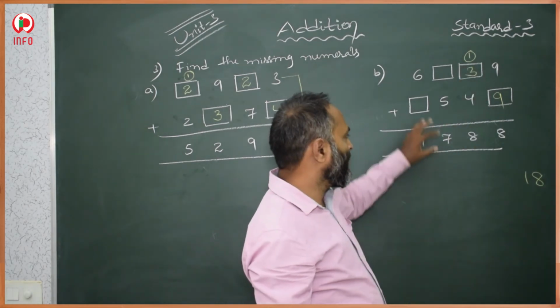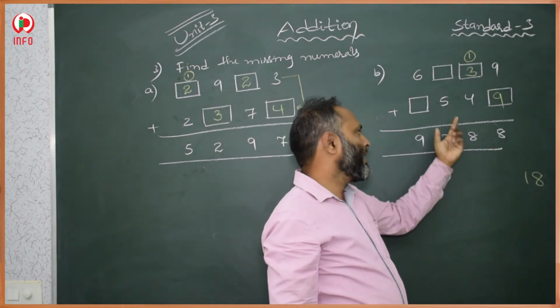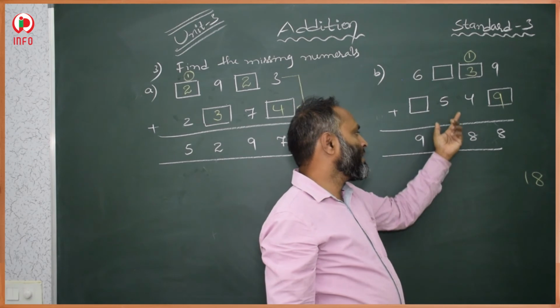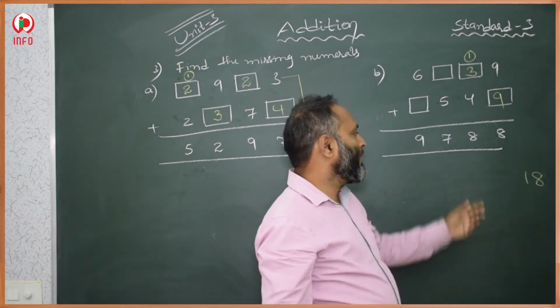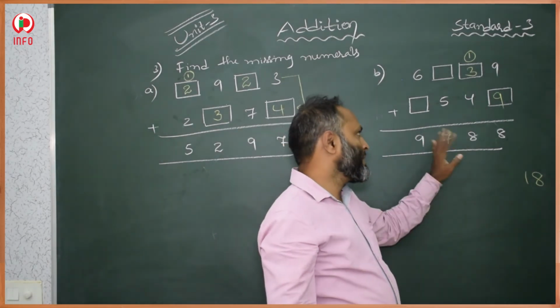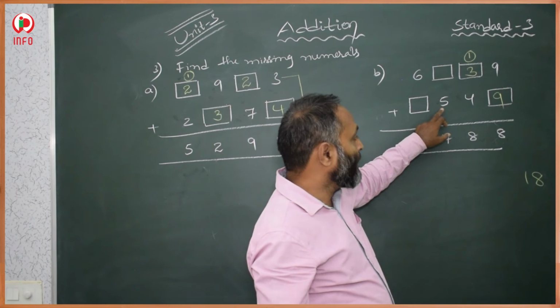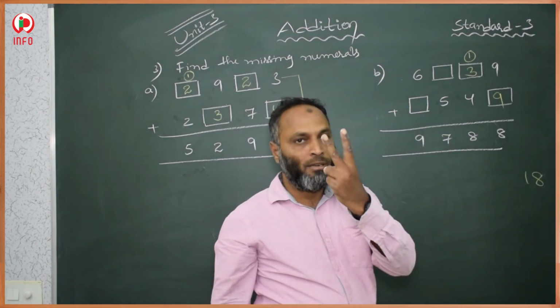Then after that, here 5 is there and 7 is there. This is the added, this is the sum. Added is lesser than sum. So no need to take 17, this is 7 only. If it is more, then we take 17, 27, 37 like that. This is 7 only. Then what number should add to this 5 to get 7? 5, 6, 7, 2.